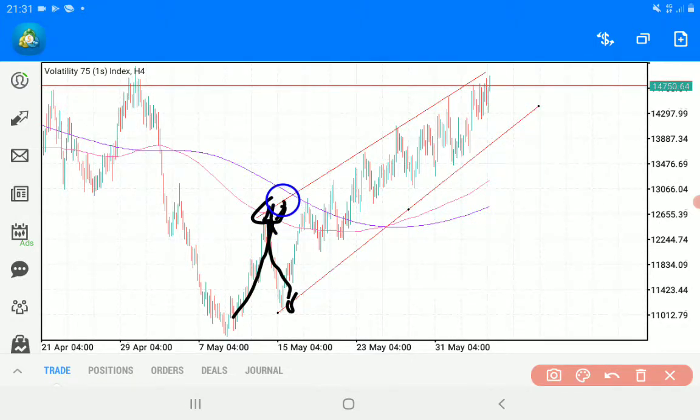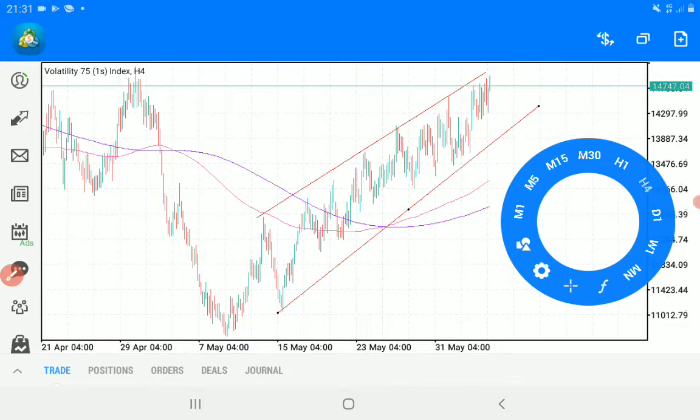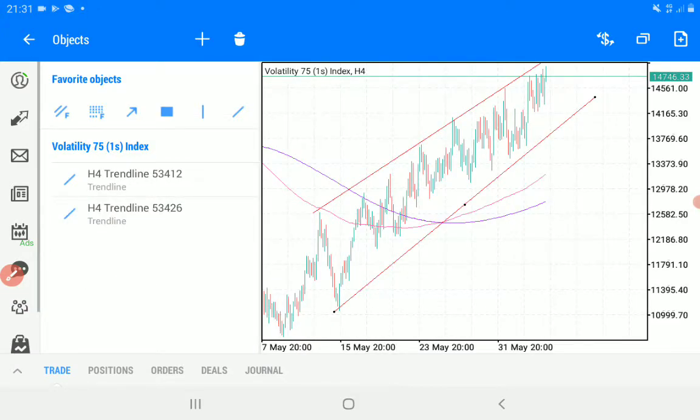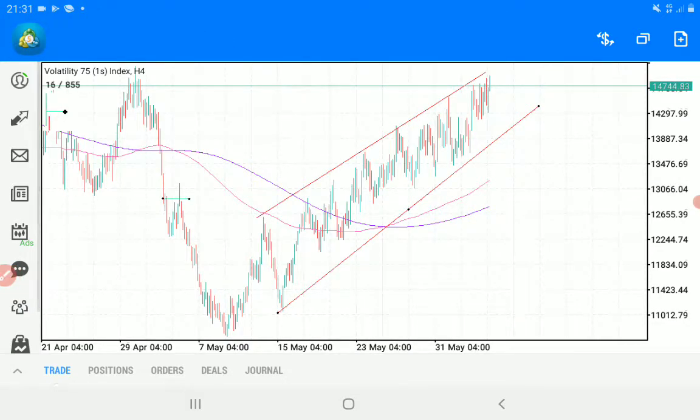So you would ask, why did it hit here and go down? Because right there you have a support, a resistance line. So you're going to put a resistance line now for you to see it clearly.